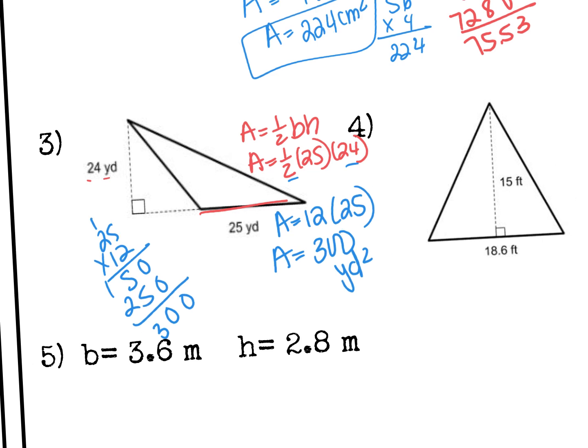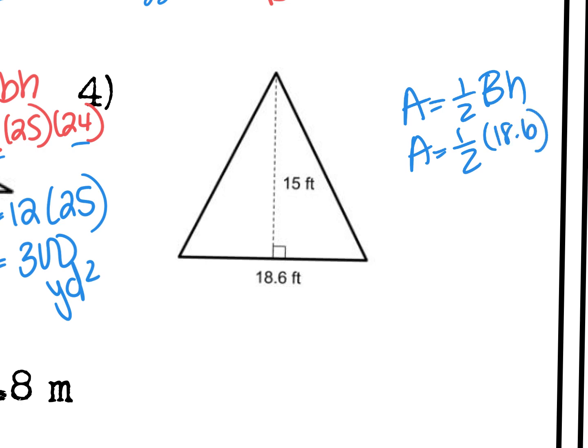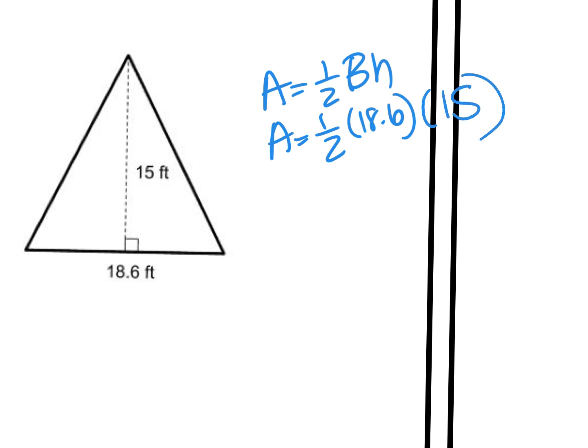Question number 4. What kind of shape is it? It's a triangle. Write down the formula. The base is 18.6 and the height is 15. I need to take half of something, but looking at this, I'm asking myself, is it easier to take half of 18.6 or half of 15? Well, it's kind of easier to just take half of 18.6. It's 9.3.